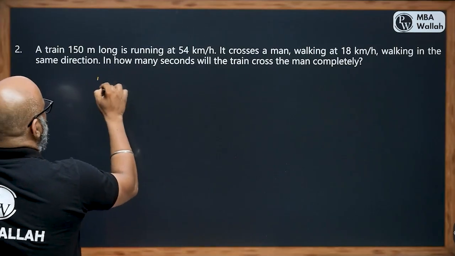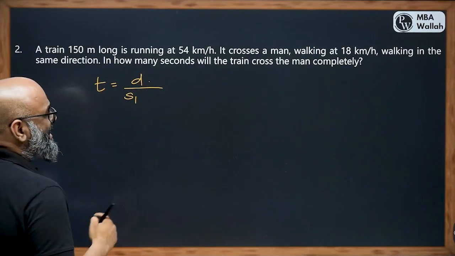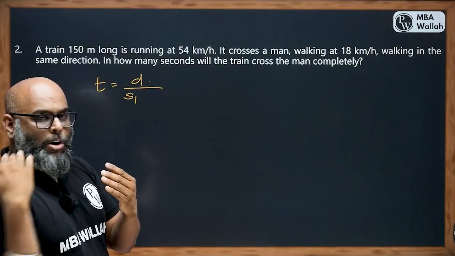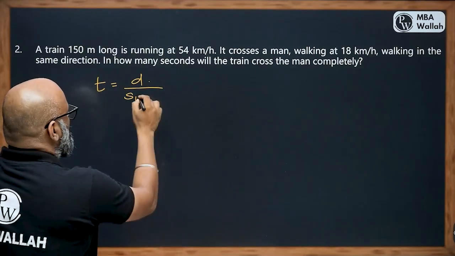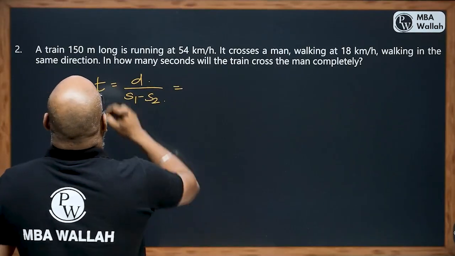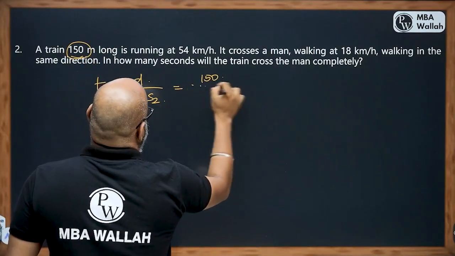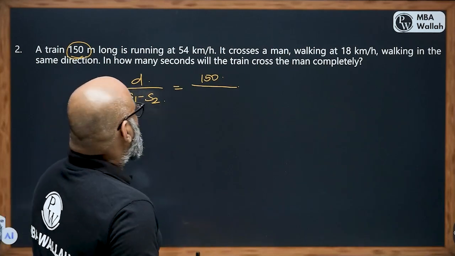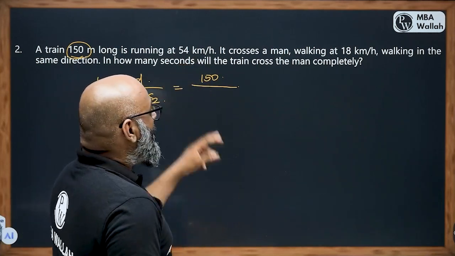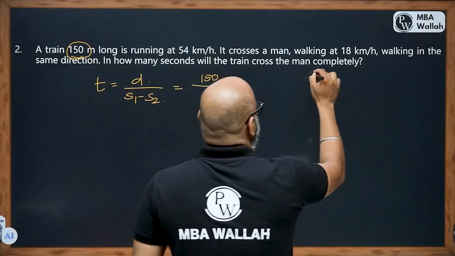So here time is equal to d divided by s1, same direction, train crossing the man. So it's going to be s1 minus s2. So substitute the values. Length of the train is 150 divided by s1 minus s2. S1 is 54. Train is crossing the man. So 54 minus 18.